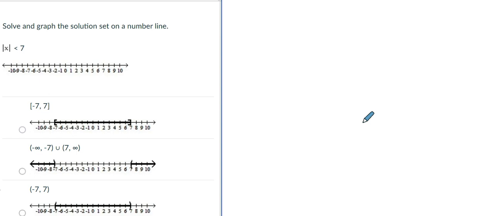So for question 13, what we have is absolute value less than 7. So what is the number?